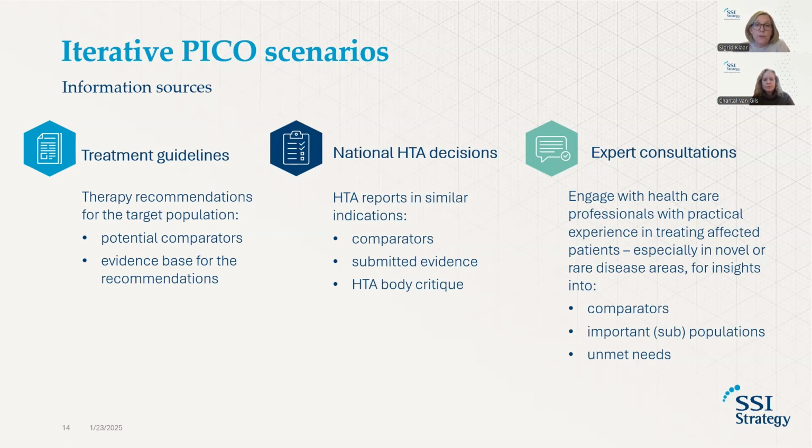Similarly, it's good to look at other national HTA decisions in similar indications, and again look for comparators that you could be facing. And also, of course, what evidence did these companies submit and how was that received by the HTA body? This can really inform your own evidence generation and how acceptable it will be.